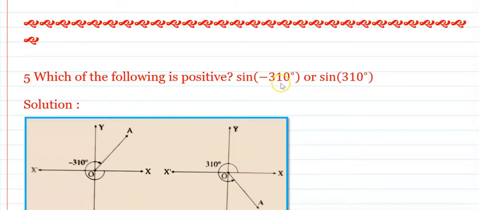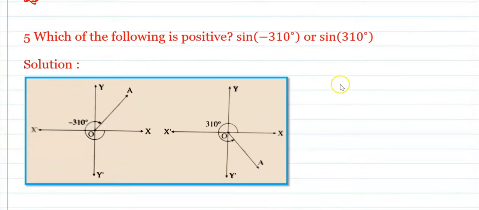Sine of minus 310 or the sine of 310. Okay. First, sine of minus 310, the terminal side comes in the first quadrant. And what about sine of plus 310? The terminal side comes again in the fourth quadrant. Okay.